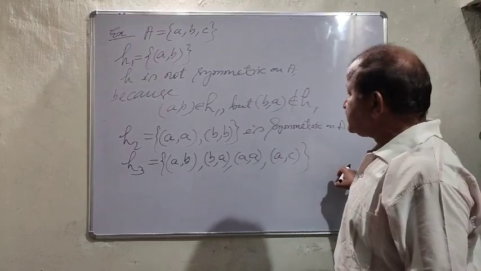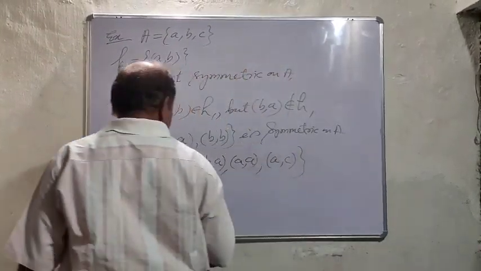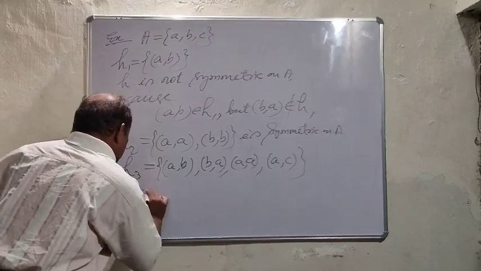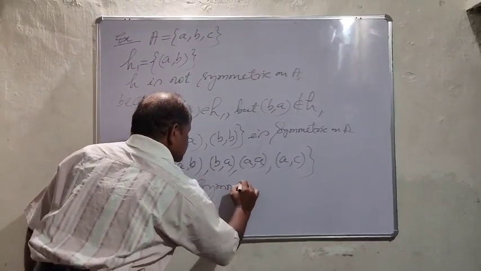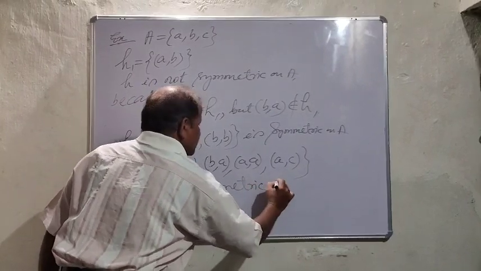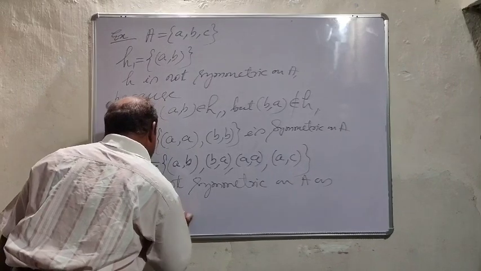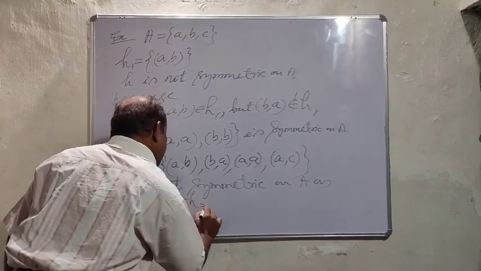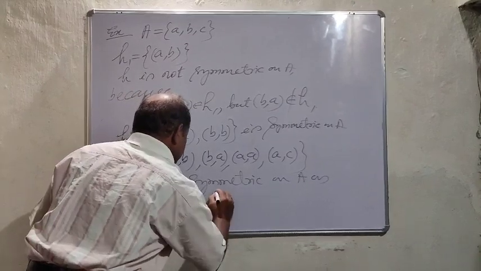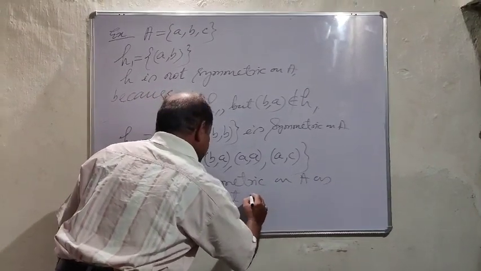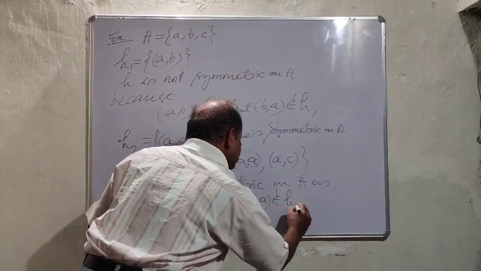So it is not symmetric on A, as (a, c) belongs to H3 but (c, a) does not belong to H3.